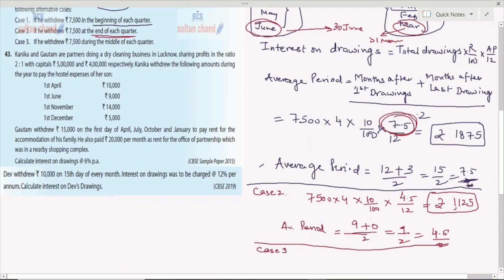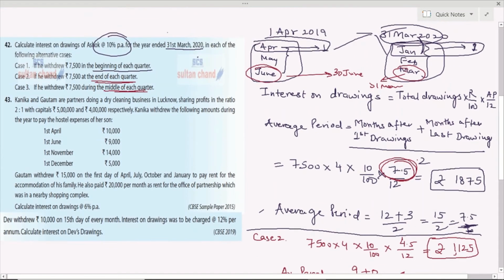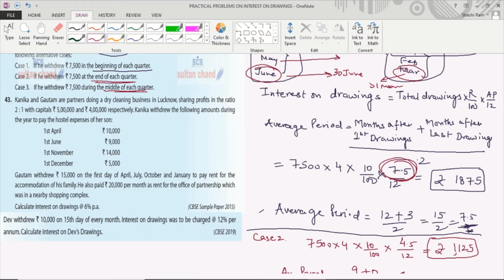Case 3, again it says middle of each quarter. Middle of each quarter means, I have taken out the quarters here, so I have these 3 quarters. So middle of each quarter means I'm here, in the middle. I'll change my pen so that you can understand.